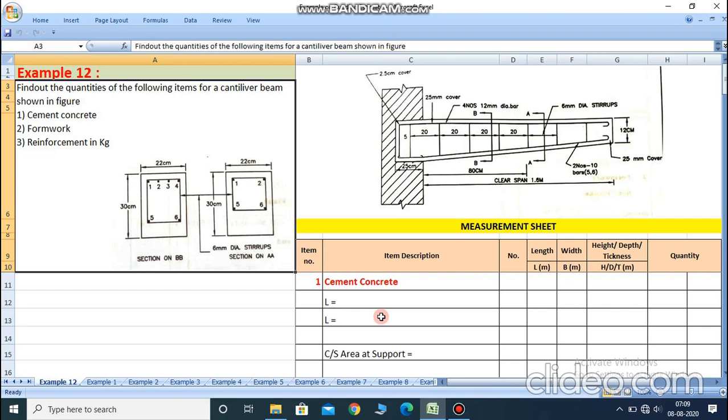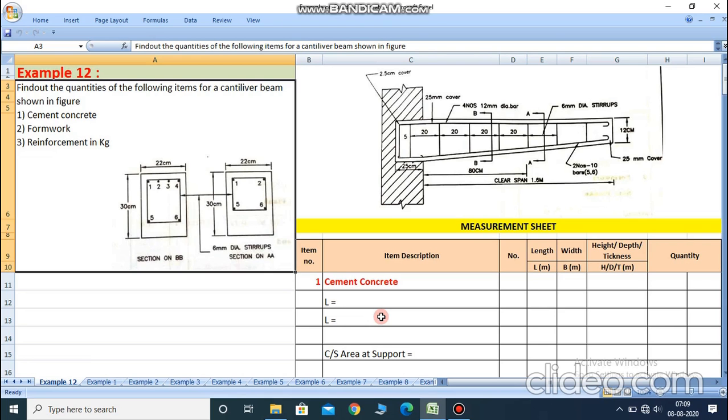First we start by finding the volume of the cement concrete, but since the dimensions are not the same, we find the length, then the cross section area of the support side and the cross section area of the free side, and then multiply the length by the average cross section area of the support and free end.